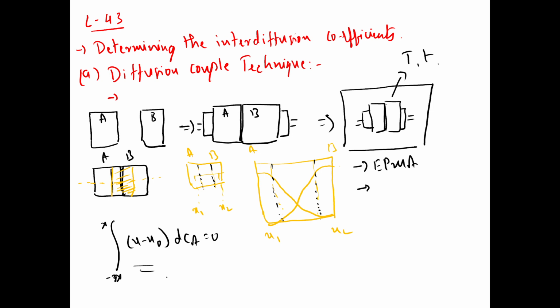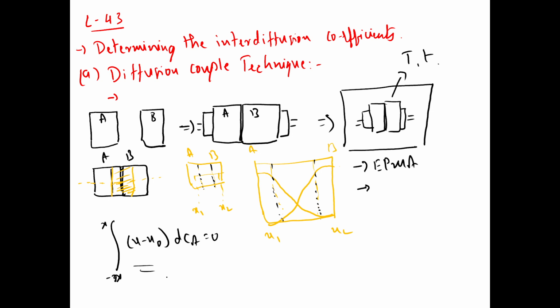This is mainly because of one assumption. The first assumption is that the element present on the left hand side is diffused to the right side. Similarly, for the mass balance, the same amount of B atoms is diffused from the B side to the A side.